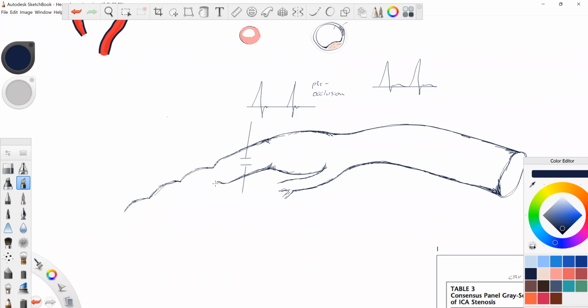Kind of a circumferential. If you could imagine this, it's like a rubber band is being placed along here. Well, let's go ahead and do a little color just for fun. Let's see if I can do this without screwing it up.